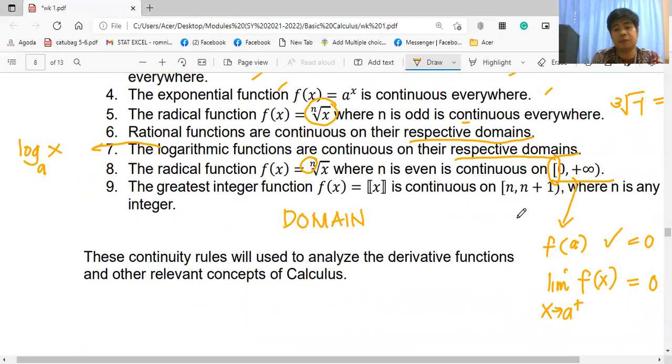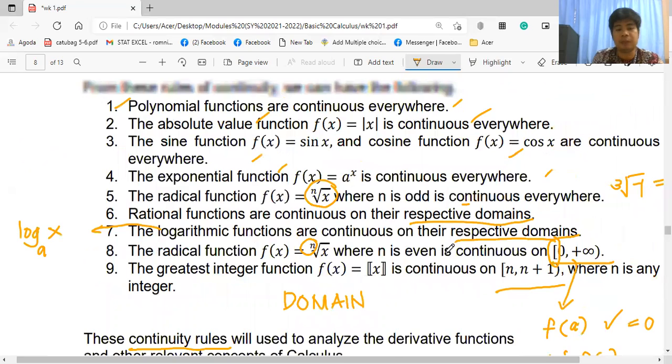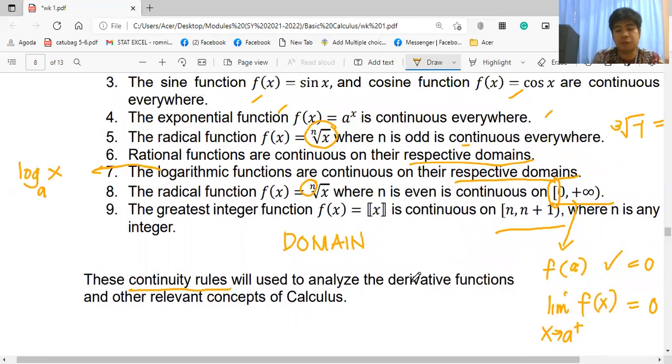They are the same, so it means it is truly continuous on that interval. And in number 9, the greatest integer function accepts all real numbers on the interval: all numbers greater than n but less than n plus 1, where n is any integer. And again, we will continue discussing these continuity rules as we move to the derivative functions.